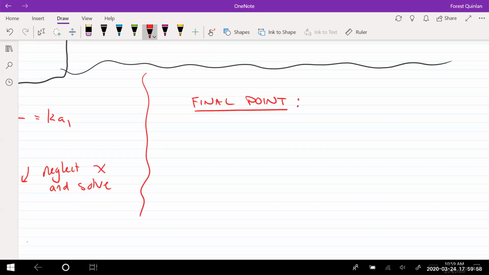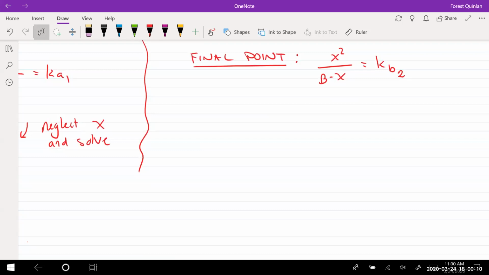Now the final point is that x squared over b minus x is going to be equal to Kb2. Remember, we are now at the end point, but the second end point. So we've got to make sure that we're talking about the correct K. We also need to figure out what b is.